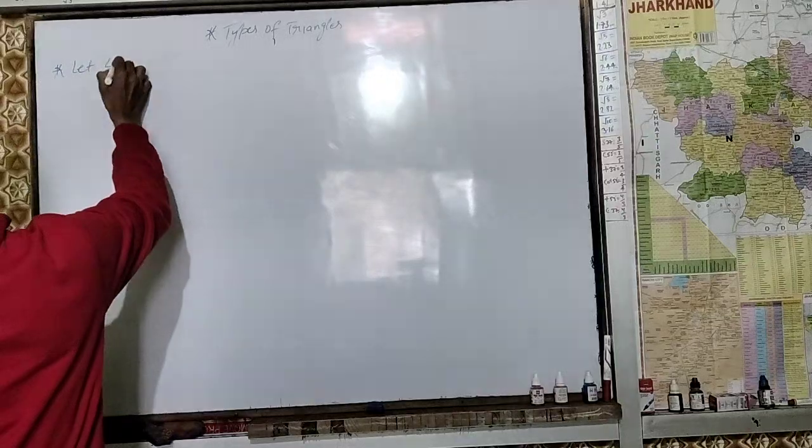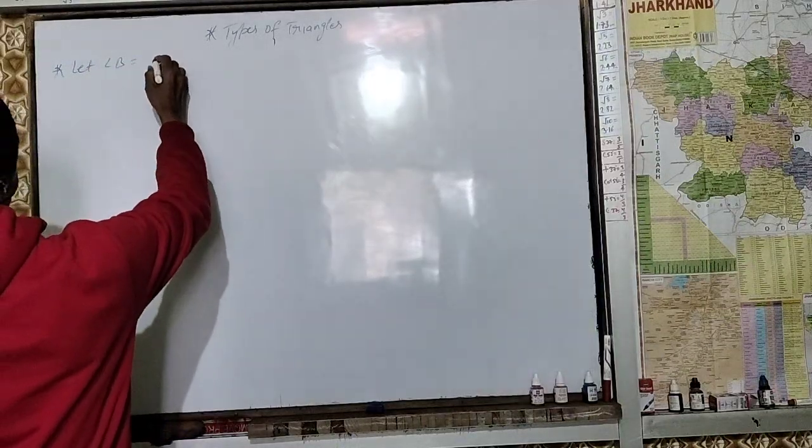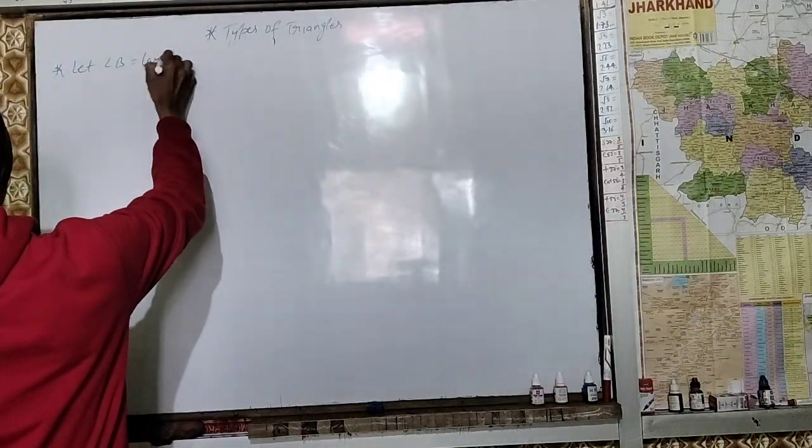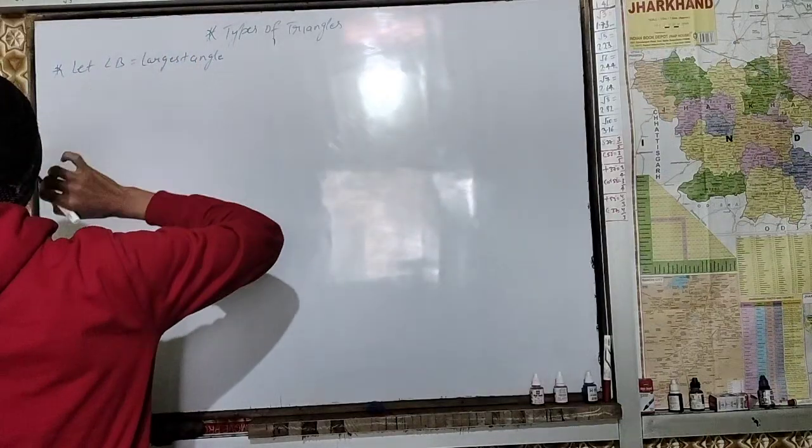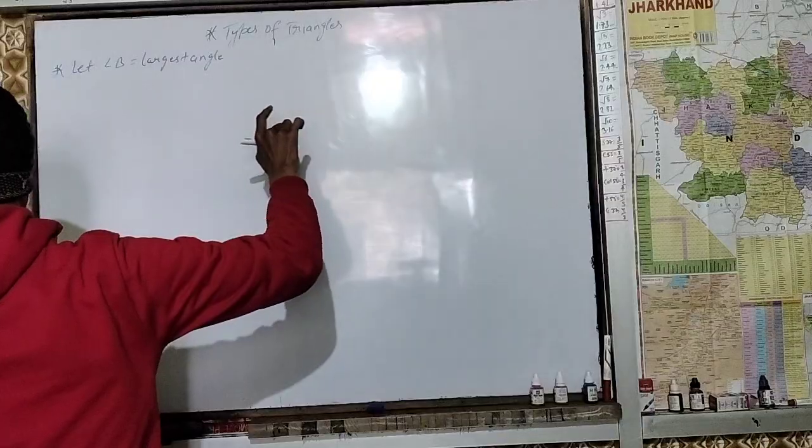Let angle B be the largest angle. Angle B is the largest in the given triangle.